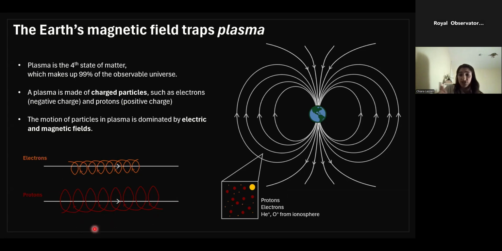We call this gyration. And so they'll move up and down these magnetic field lines of our planet. But one thing they'll be unlikely to do is to jump from one magnetic field line to the other. They'll sort of be stuck to it. And this again will be important later.